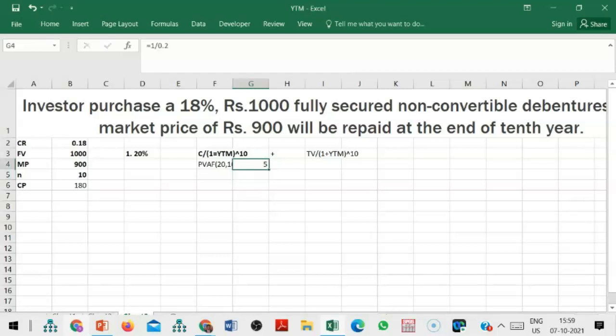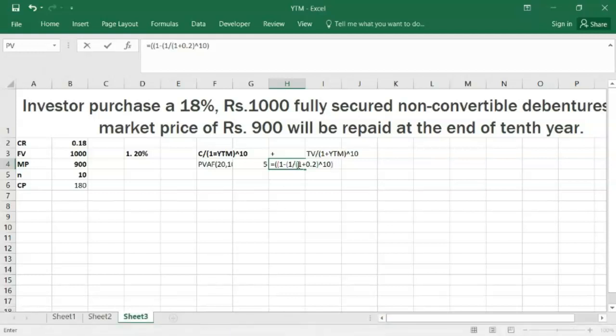Then you find 1 minus 1 divided by 1 plus R, which is 0.2, to the power n, which is 10.